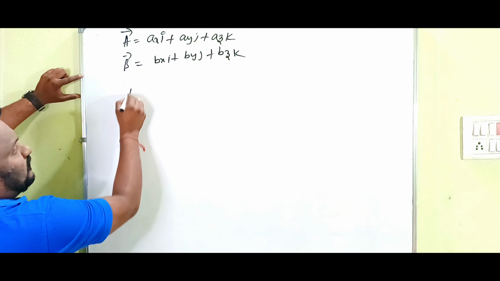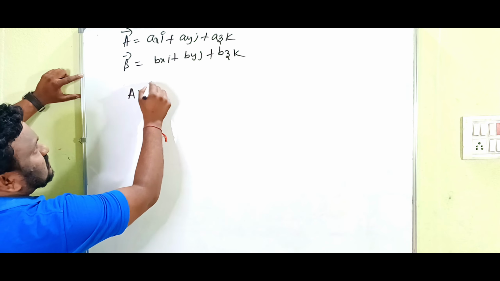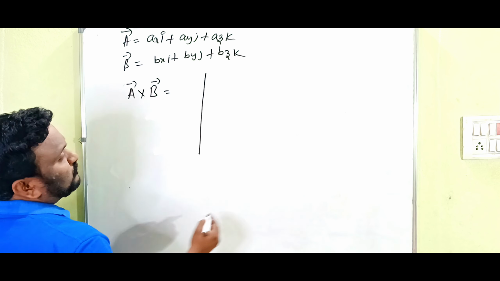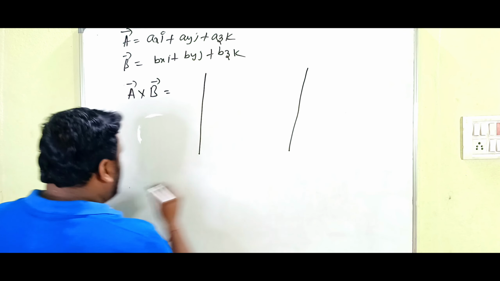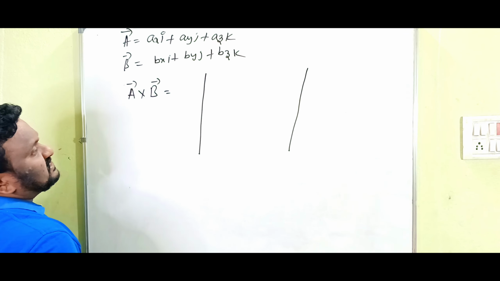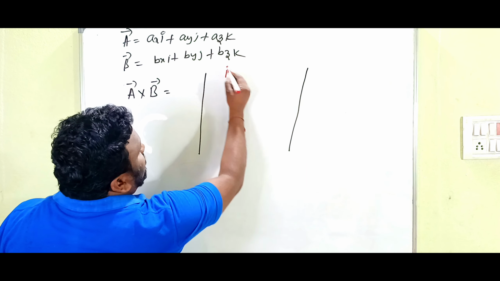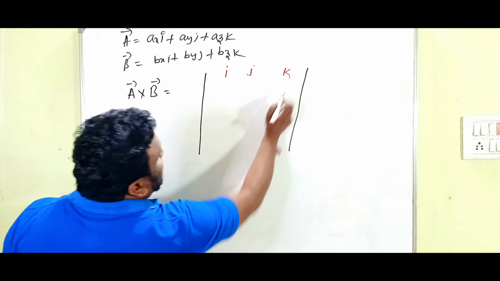Then how can we write A cross B? Like this children. First we have to write the coefficients of i, j, k. So this is i, j and k.